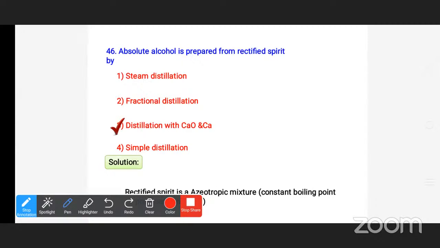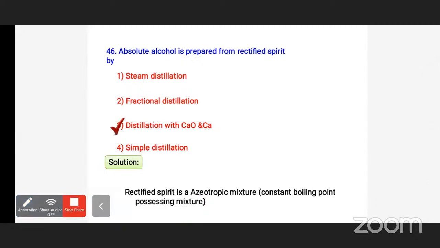So absolute alcohol is prepared from rectified spirit by distillation with CaO and calcium. Rectified spirit is an azeotropic mixture, which means a constant boiling point mixture. Okay.